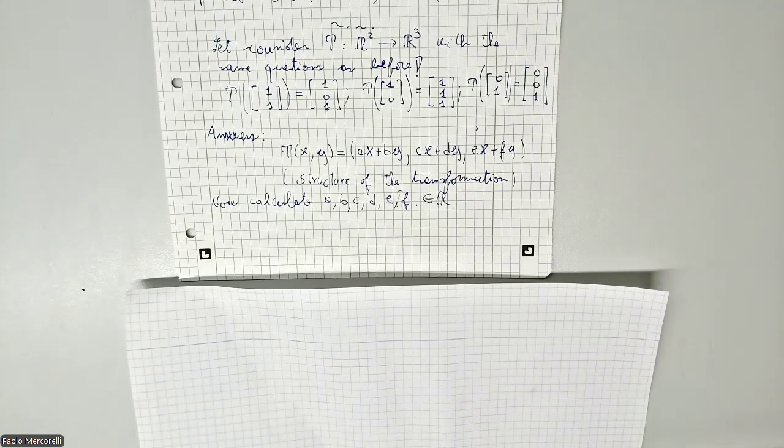Build the transformation, calculate the kernel, and discuss injectivity. Again, the questions are the same: build the transformation, calculate the kernel of the transformation once we have it, and then at the end, discuss the injectivity.